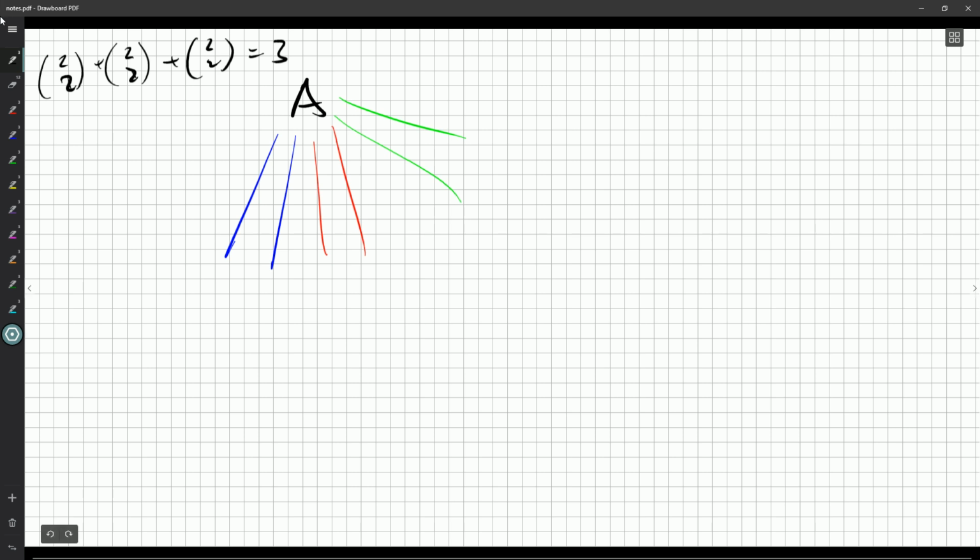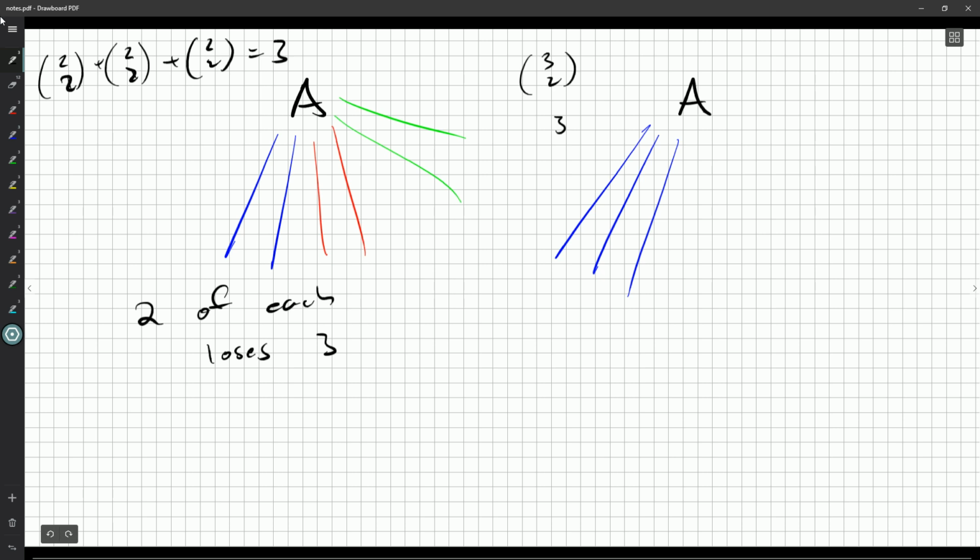So that happens. Now, what else could we have? So 2 of each loses 3. Well, we've already seen that if you have 3 blues, you'll have 3 choose 2, and that's 3 plus whatever else.